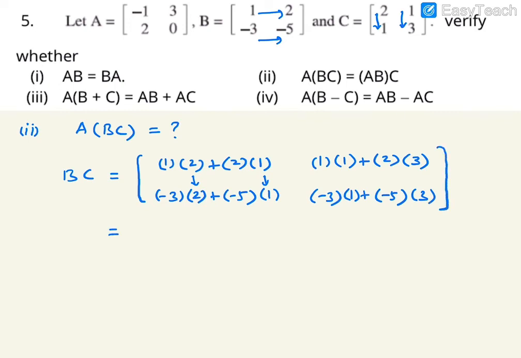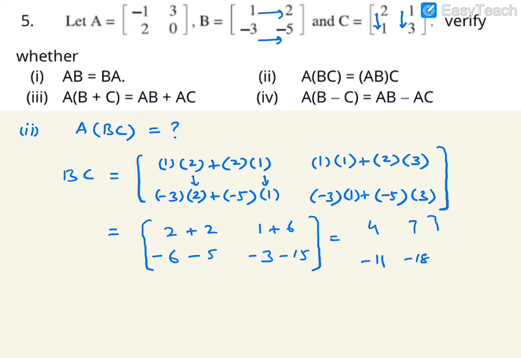So what we will get: 2 plus 2, minus 6 minus 5, 1 plus 6, minus 3 minus 15. So BC is equal to 4, 7, minus 11, minus 18. This is BC.